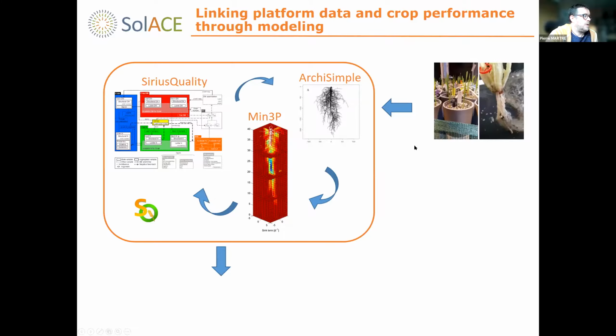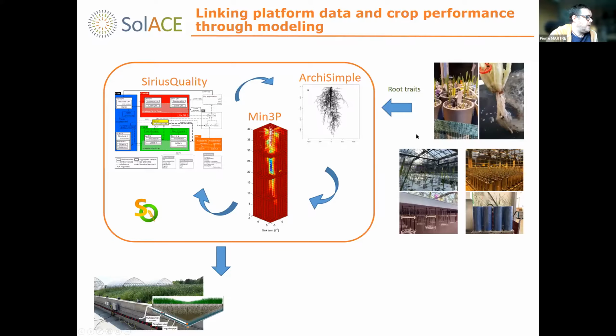And so what we're doing now is that we are using some of the data that have been presented earlier today from the root phenotyping platform to parameterize the ArchiSimple model. And the idea now is to do the simulation with the different traits in different sets of environments.